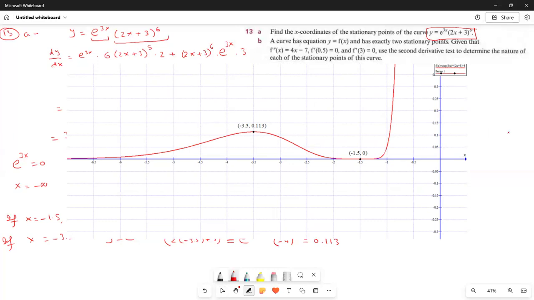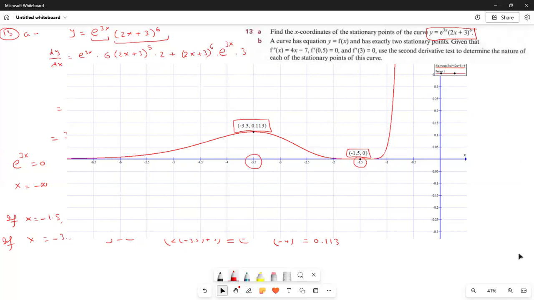One is at x equal to minus 3.5 and the other one is at x equal to minus 1.5. When x is minus 3.5, the coordinate of the stationary point is this one. And when x was minus 1.5, the coordinate of the stationary point is this thing, y is equal to 0. So you can see the stationary point on the curve is either a maximum or minimum. Okay, so this was our part 1.